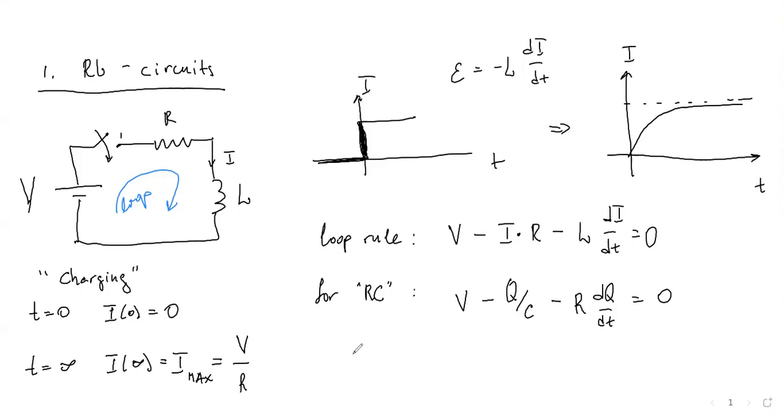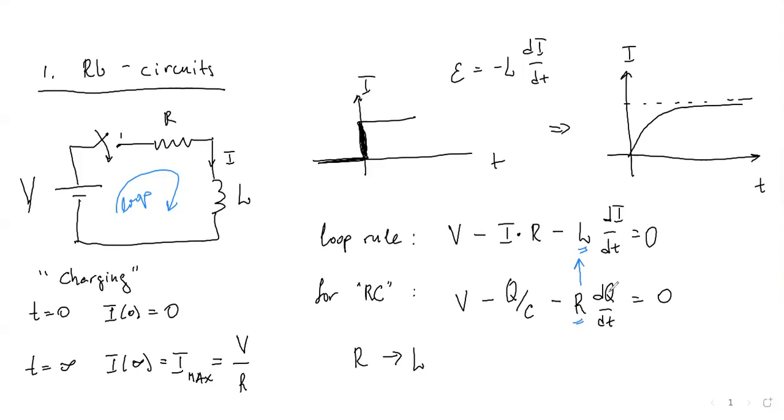So the substitution will look like this. Let's take resistance in RC circuits and substitute this with inductance. You see what I'm doing? I'm trying to look at the coefficients here. So this is how this transforms.